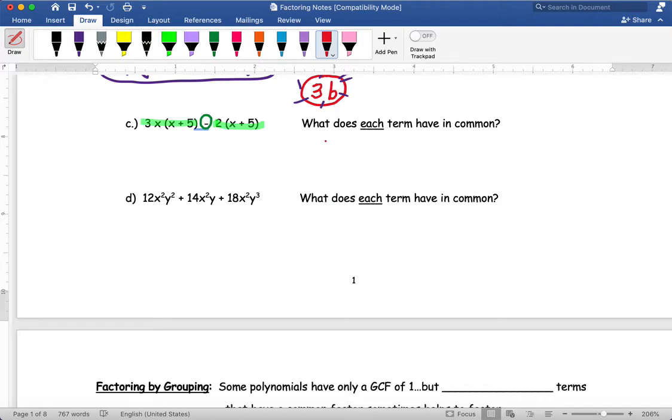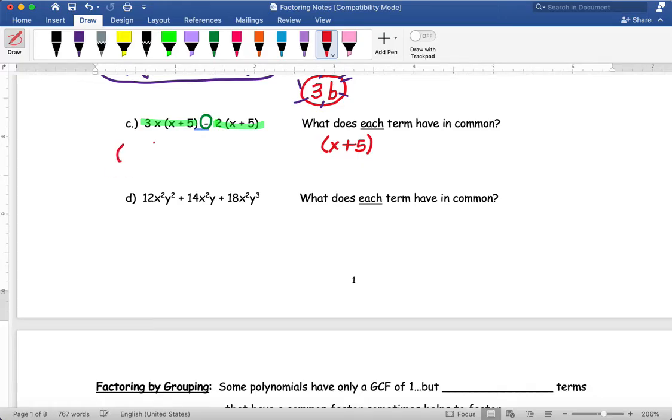You should see that they each have a quantity x plus 5 in common. Now let's look at this part here, 3x on the outside. This is just a 2. Well, 2 and 3 are both prime, so they have no common factors other than 1. So the GCF for this problem is the quantity x plus 5.